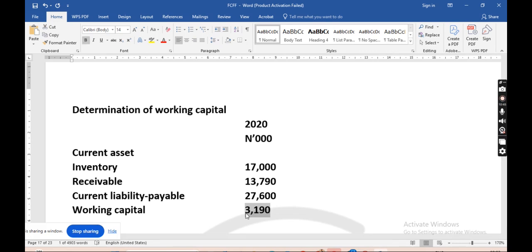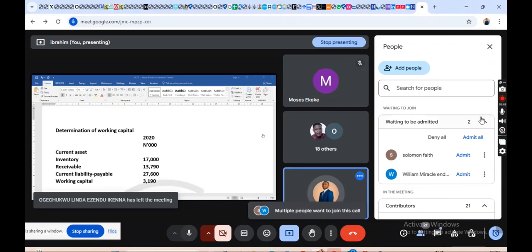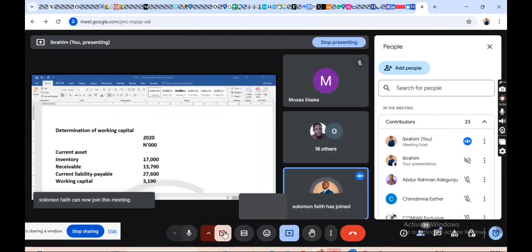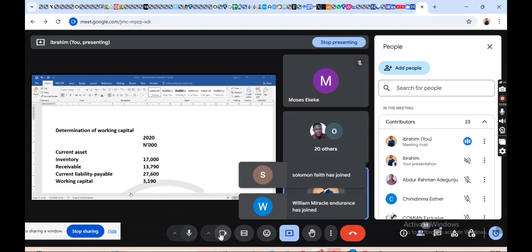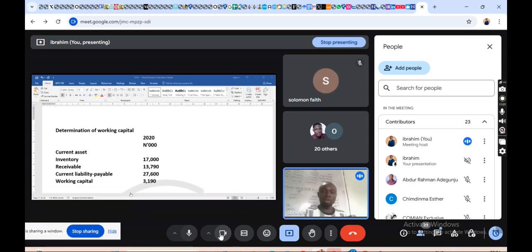Under the free cash flow, you have what is it called? Changes in working capital. You have to compare 2020 to 2019 to get changes in working capital.